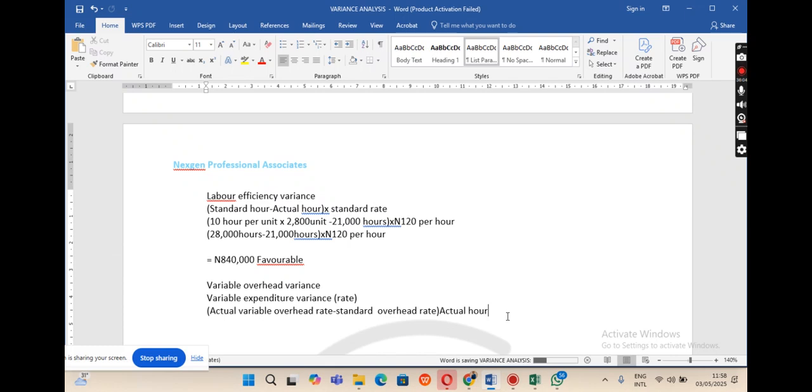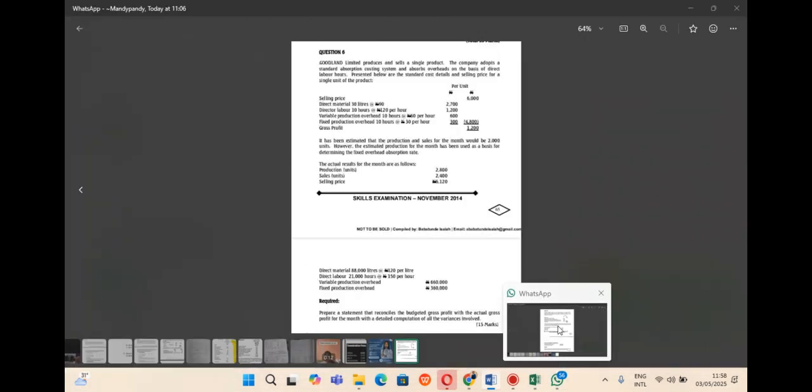So what is the actual variable overhead rate given to us in this question? 31.4. Let me quickly check. No, it's not given. I calculated it too. Actual variable overhead is not given. Now, what is the standard variable overhead rate? 30. What is the standard variable overhead rate? 60.